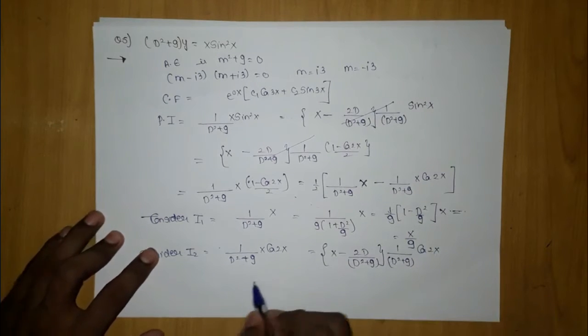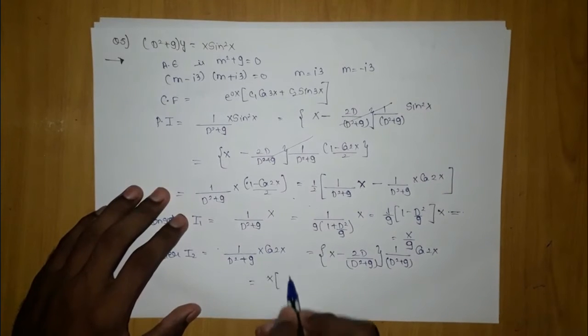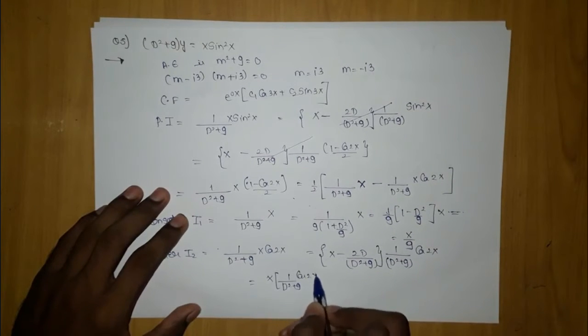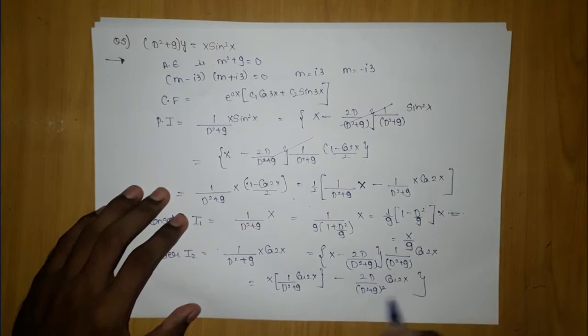If we multiply the things here, we are getting something like x 1/(D square plus 9) into cos 2x firstly minus 2D/(D square plus 9) the whole square into cos 2x, the whole bracket close.